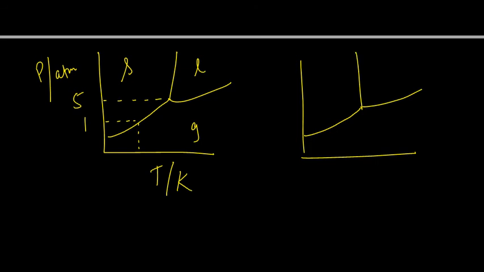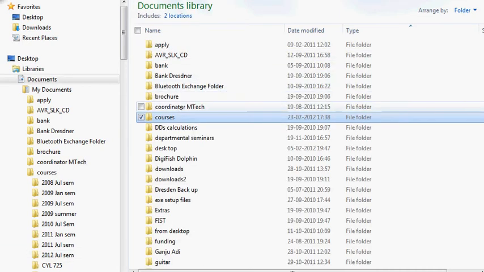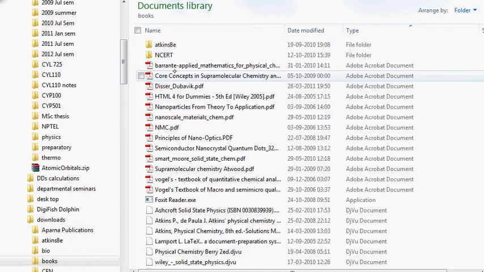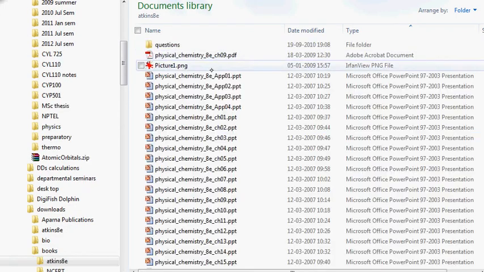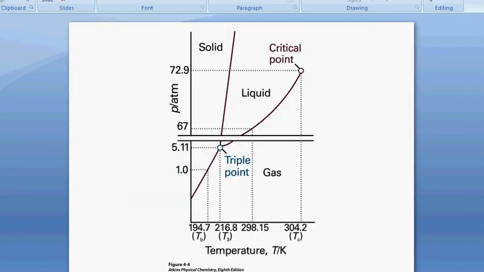Maybe I can just show you the proper diagrams if you give me a moment. So this should be chapter 4. Okay, that's for carbon dioxide.